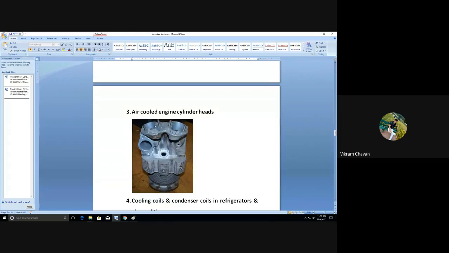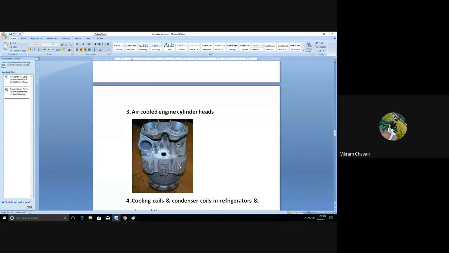Like one of the phenomena you have learned, the knocking phenomenon. If the temperature is greater than the ignition temperature, then the charge we have inserted in the combustion chamber will burn before its time, before the spark happens in that combustion chamber, and due to that, knocking will happen.